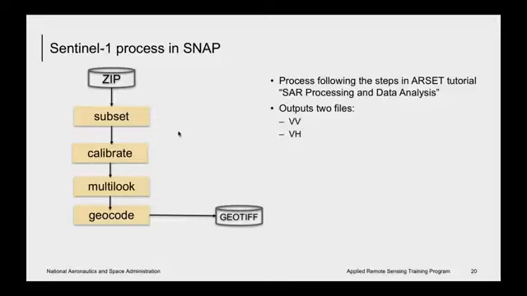I'm not going to go into details into the Sentinel processing because this was the focus for session 2. I'm just going to summarize here the basic steps. We started with a zip file. We subset the data, and then we calibrate, multi-look and geocode the results.